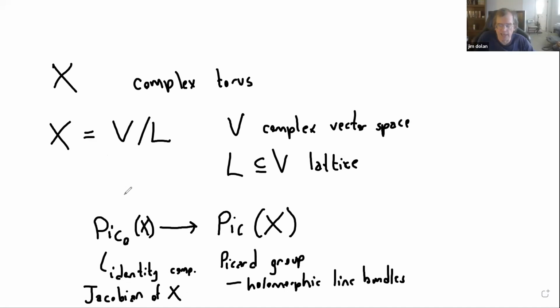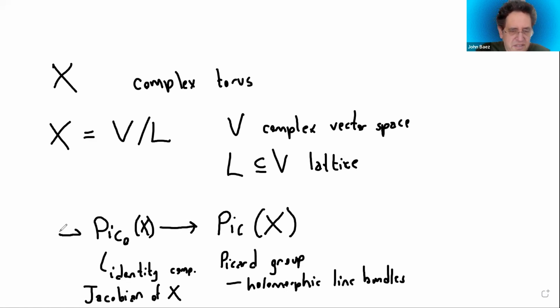I can't remember when people use the terminology Jacobian. I'm so used to using Jacobian for curves. I always get confused between curves and abelian varieties, but it doesn't matter. You can define a Jacobian for any variety, I guess. It's the holomorphic line bundles that are topologically trivial, or you can just define it like I did, the identity component of the Picard group.